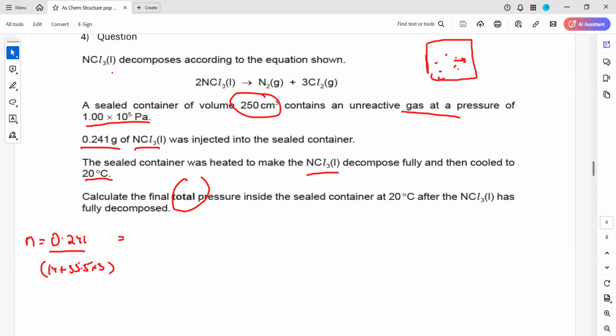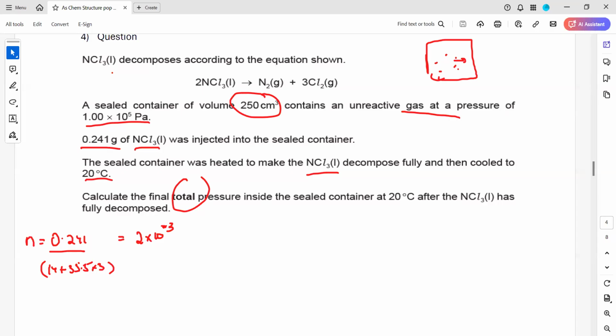When you divide, what is the value for the moles? 2 × 10^-3. Okay, so 2 × 10^-3 moles are there for this NCl3.